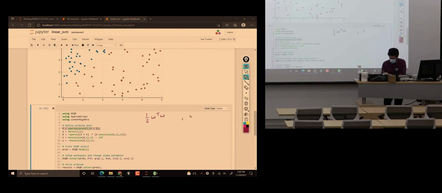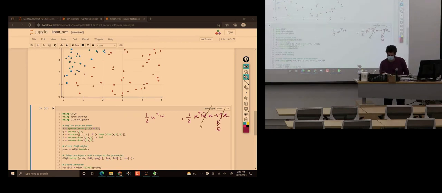And our QP has this form of one-half X transpose PX plus QX. Now, obviously, Q is 0.